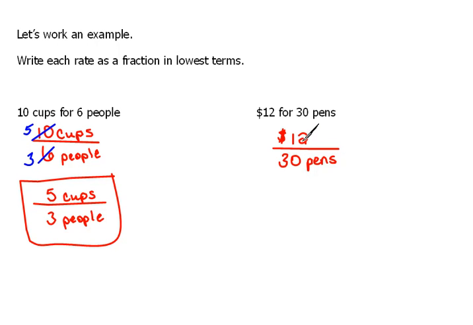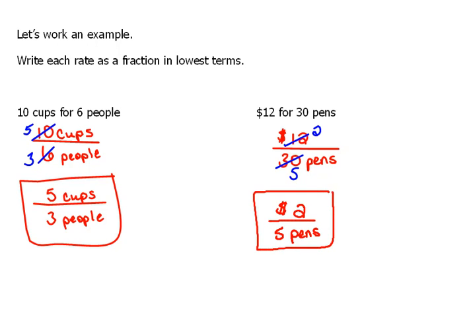But the largest thing that will go into the top and the bottom would be a 6. So 6 goes into 12 2 times, 6 goes into 30 5 times. So if I were going to reduce that down and write it in simplest form, it would be $2 for 5 pens. That would be our comparison or our rate.